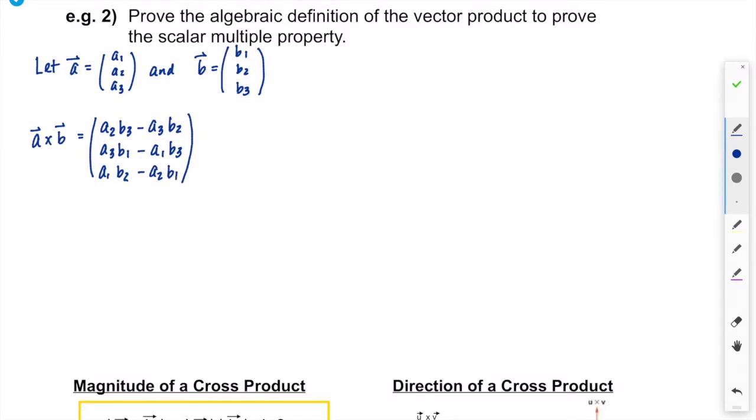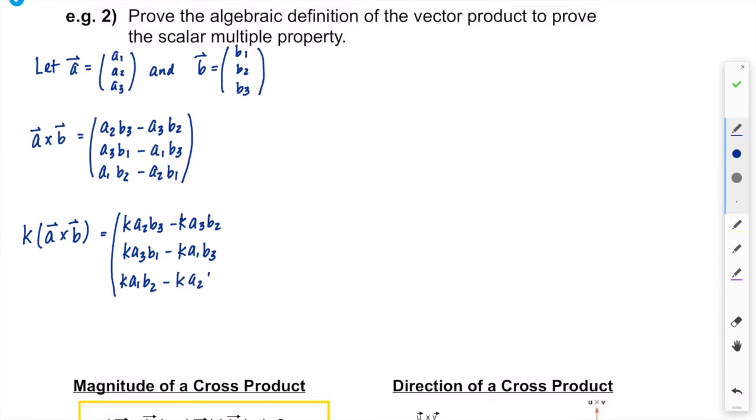Like that. So now this will allow me to say that K times A cross B is equal to KA2B3 minus KA3B2, KA3B1 minus KA1B3, and KA1B2 minus KA2B1. Okay, so this is our basis for the scalar multiple property.